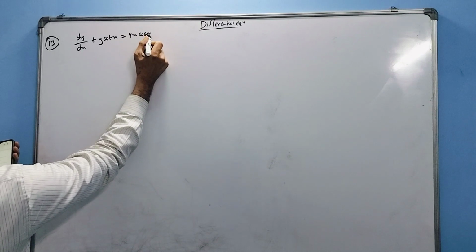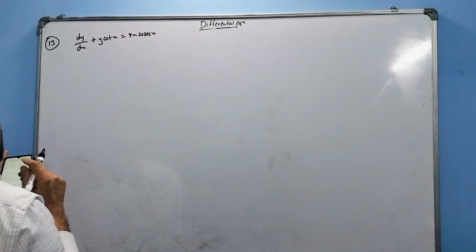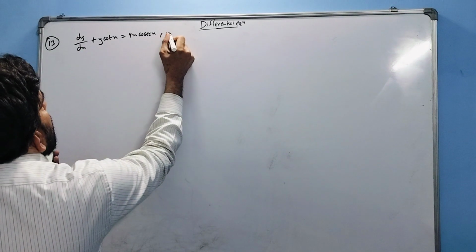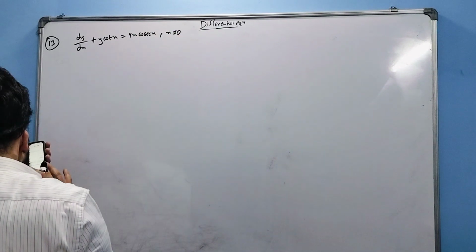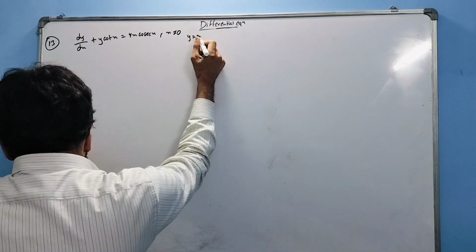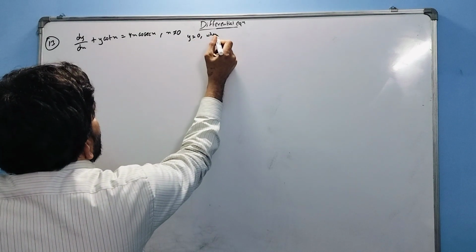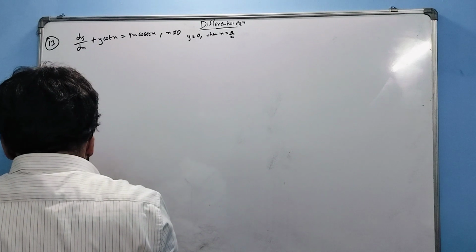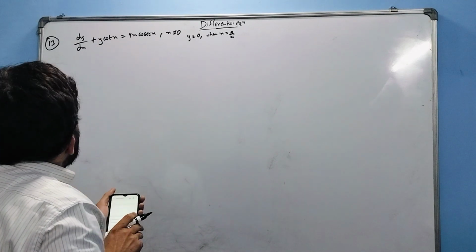Okay, so they have given the differential equation. And also they have given the condition that y is equal to 0 when x is equal to pi by 2. So now we need to find a particular solution of this differential equation.